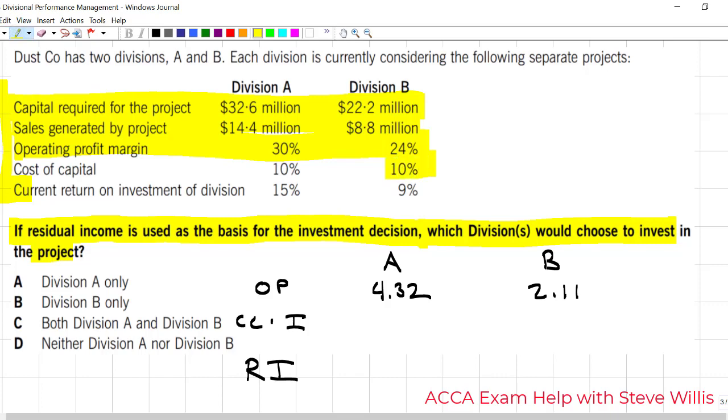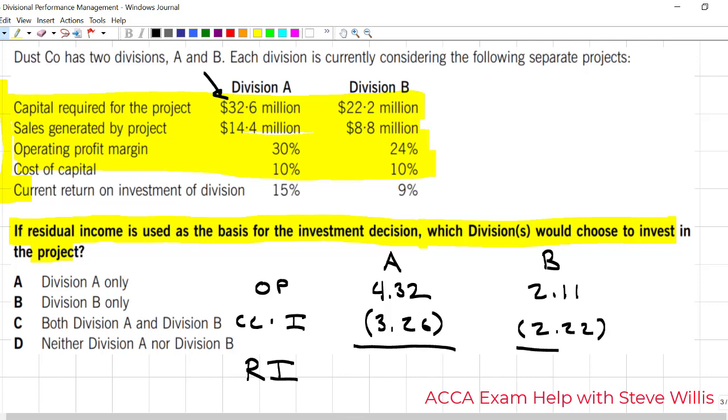Do we have cost of capital? Yes, they make it easy for us, 10%. Okay, so 10% of the capital required, 13.26, so that would be 10% of that, 3.26. That is the minimum required return in dollars that the investors would want, and then 10%, 2.22. Okay, there we go.